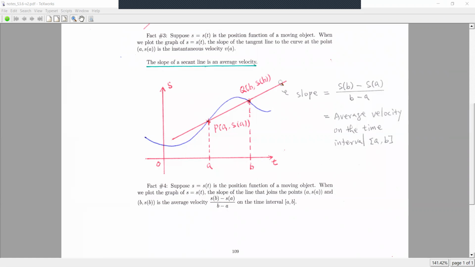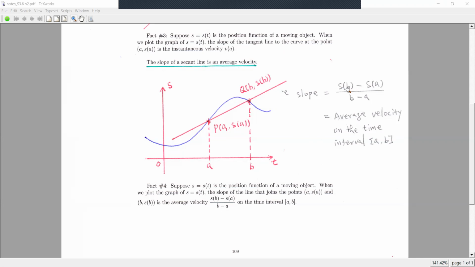By the slope formula, the slope of this secant line is y2 minus y1 over x2 minus x1. So the slope of this secant line is this number. But this number is the average velocity of the moving object on the time interval from A to B.